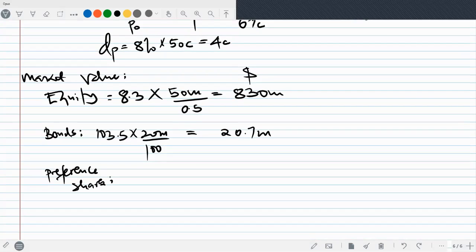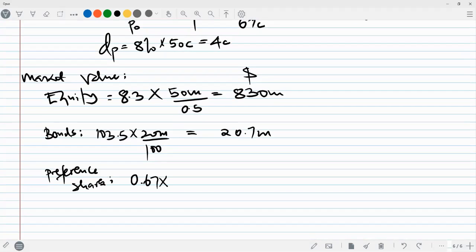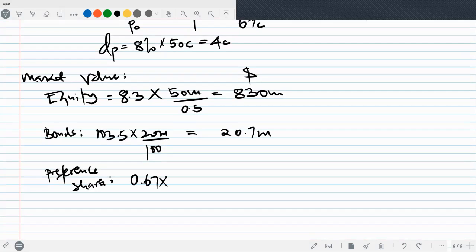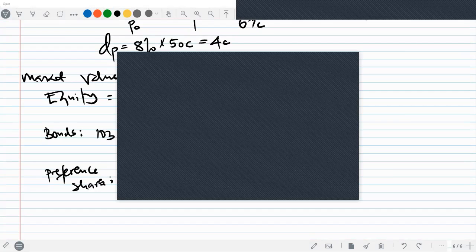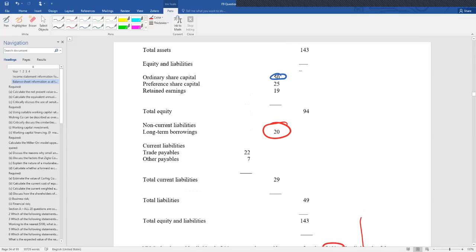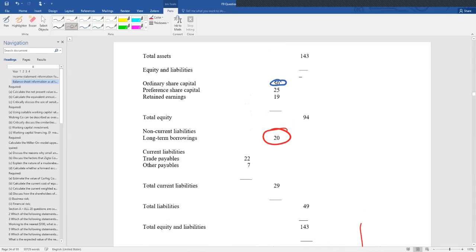Next, we look at the market value of the preference shares. The market value per preference share is 0.67. We multiply by the number of preference shares issued. The nominal value per preference share is 50 cents, and the total nominal value of the company preference shares is 25 million.